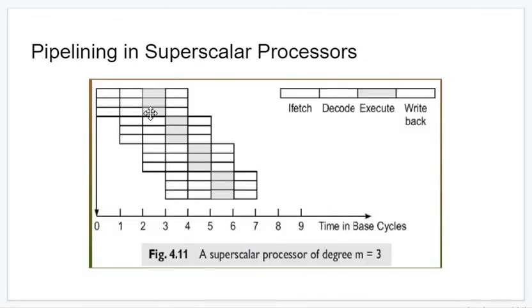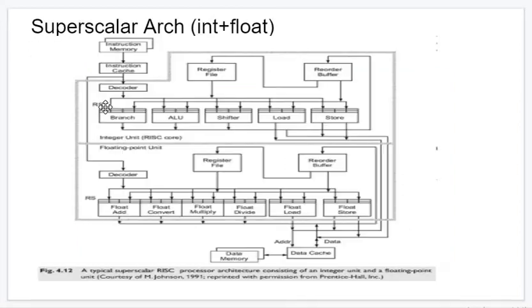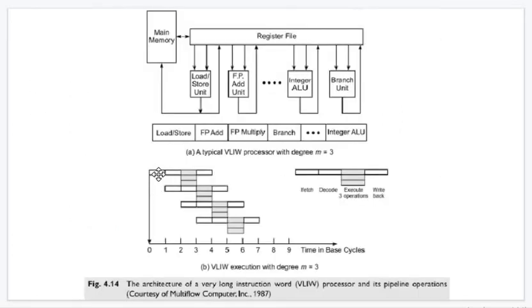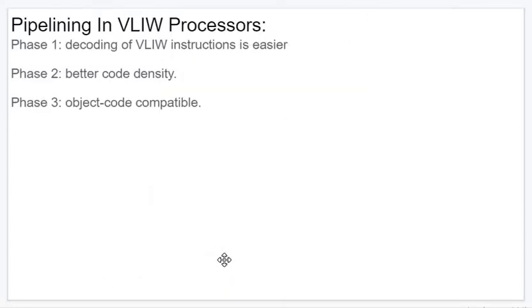But the problem here is, how many fetches we have: separate fetches for separate instructions, meaning separate data. In VLIW, one fetch, that's it, we will get all the data. So the total workload will be lesser in VLIW architecture than in superscalar. Okay, fine.